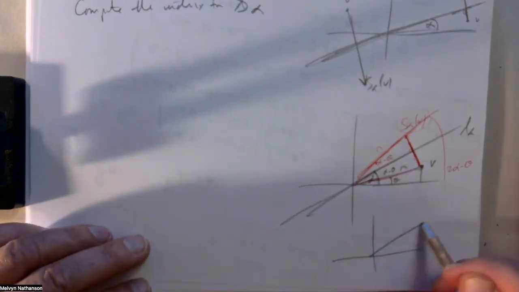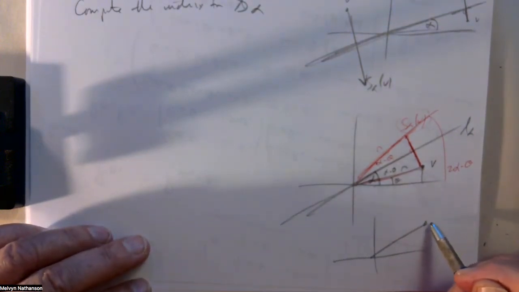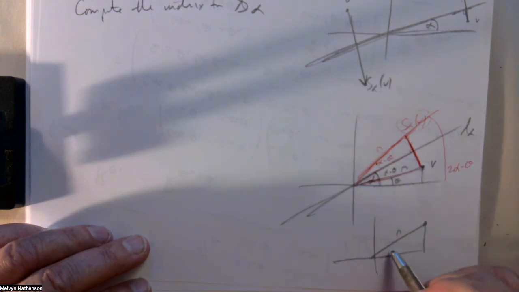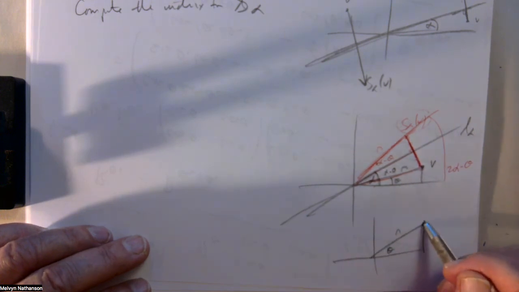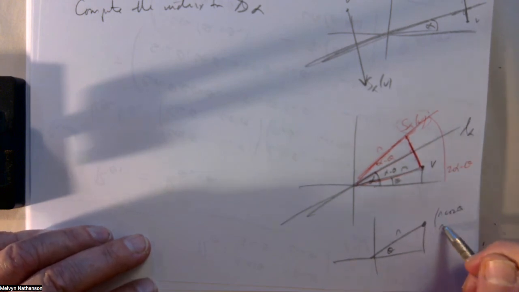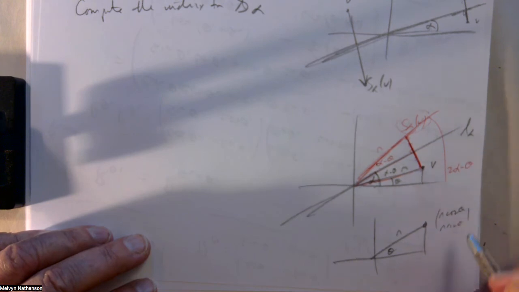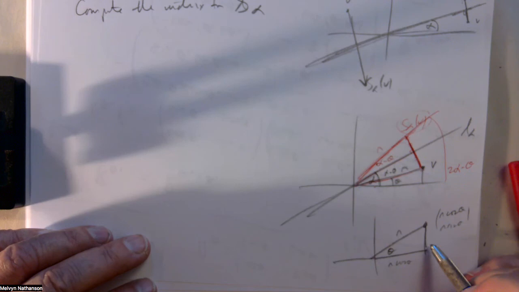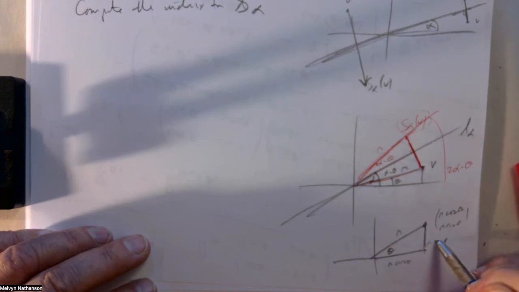Now, let me just remind you that you have a vector v, and this is r, and this angle is, let's say, theta. The coordinates of this vector are r cosine theta, r sine theta. This distance is r cosine theta. This vertical distance is r sine theta.